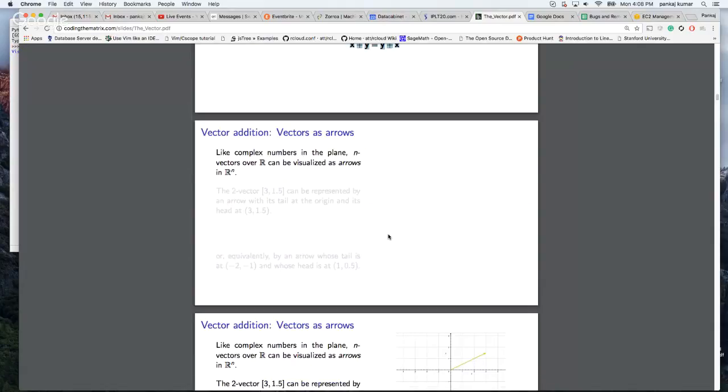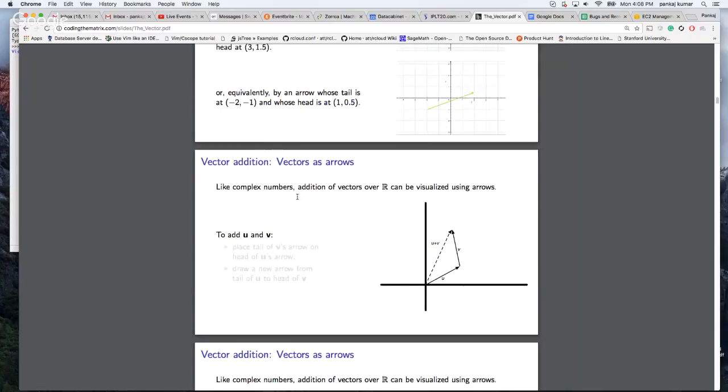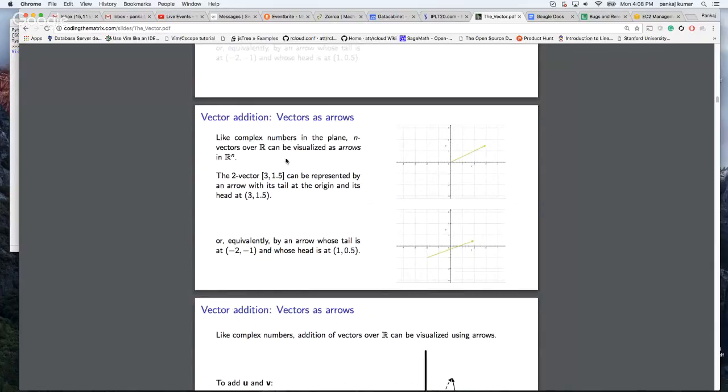In other words, vectors have arrows. So here you could see that a 2-vector, same as complex numbers, 3, 1.5, can be represented as this vector as well as this vector, depending on where you choose the origin to be.